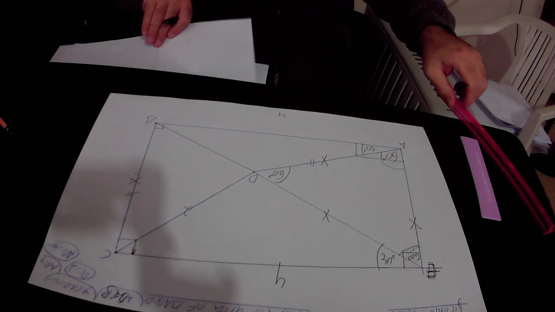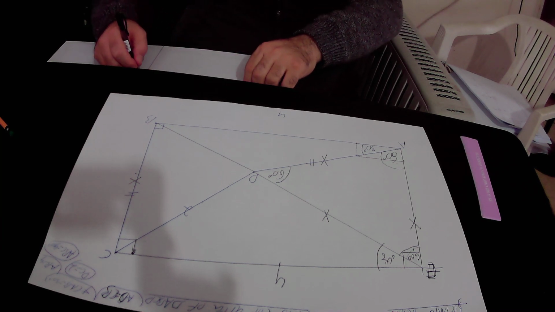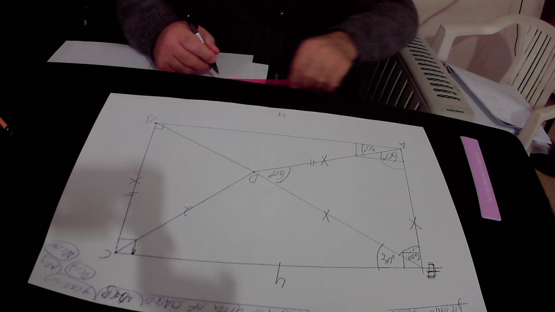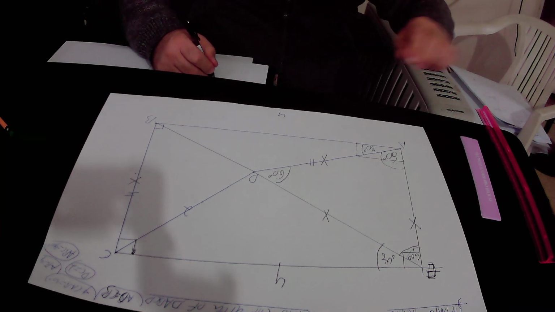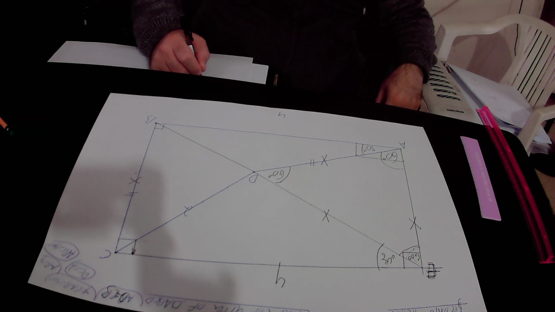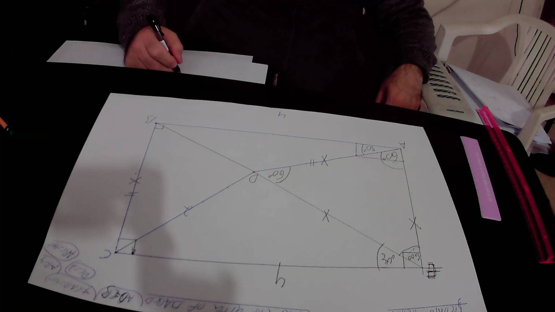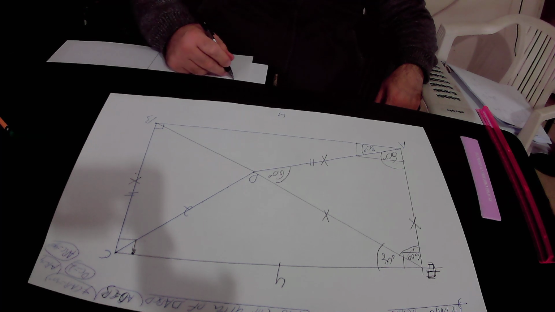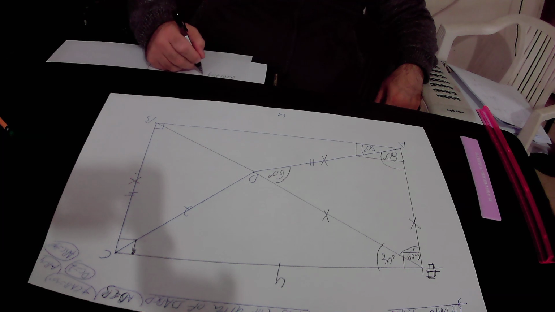So we actually proved that triangle ADB is congruent to triangle EDC according to the angle side angle rule.